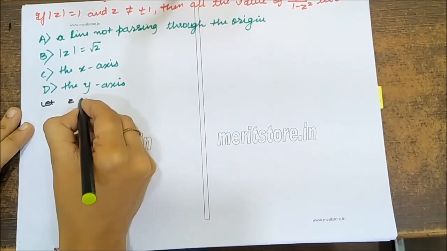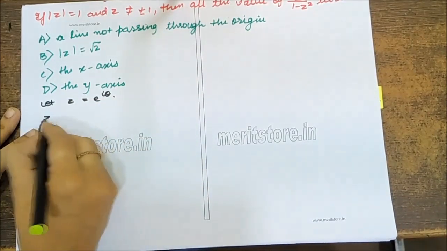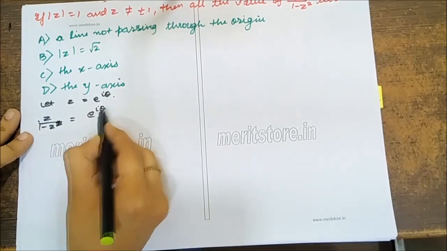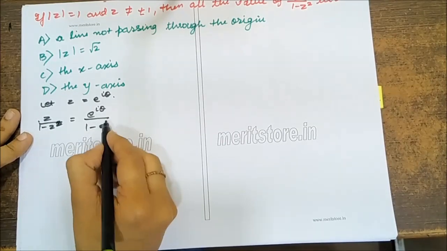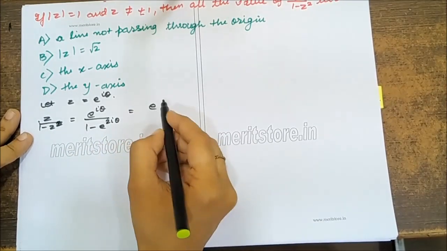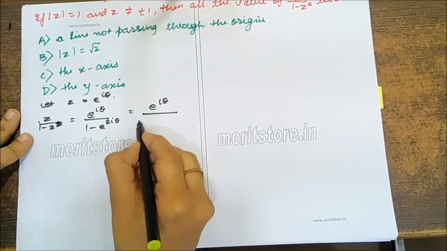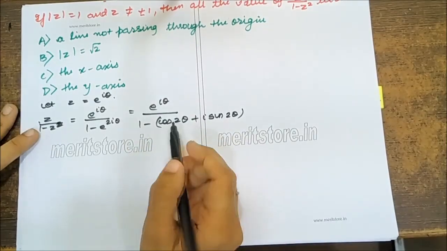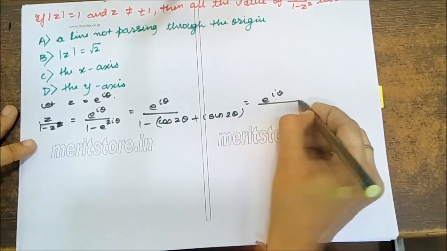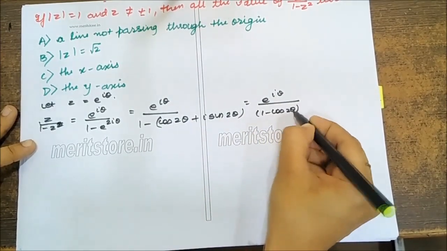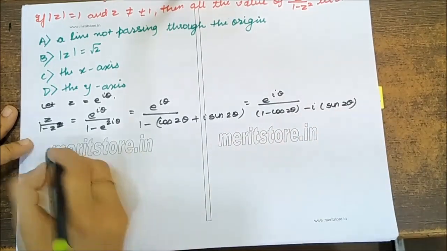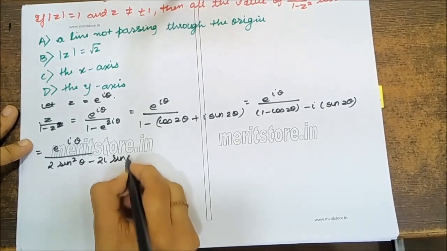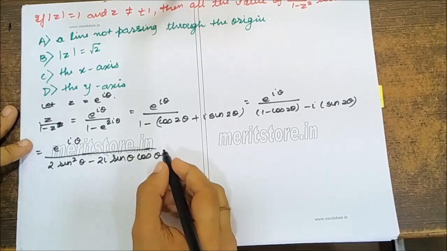So let z be equal to e^(i theta), first assumption. z upon 1 minus z squared is equal to e^(i theta) upon 1 minus e^(2i theta), which is e^(i theta) upon 1 minus cos 2 theta minus i sin 2 theta, that is equal to e^(i theta) upon 2 sin squared theta minus 2i sin theta cos theta.